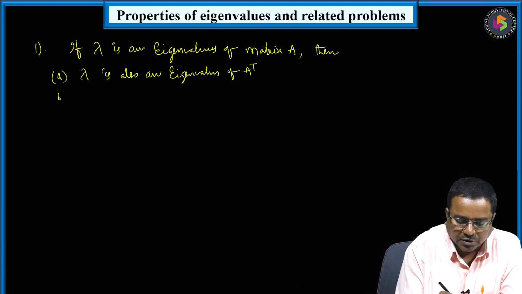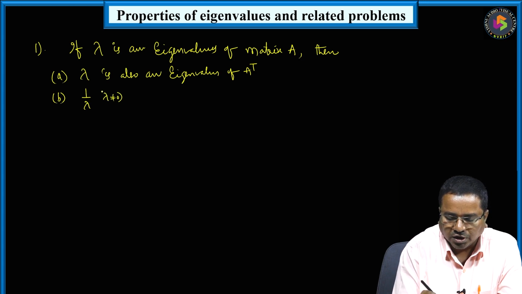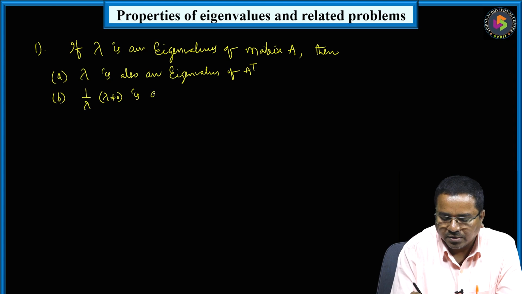The second one: 1 by lambda, provided lambda is not equal to 0, is an eigenvalue of A inverse.